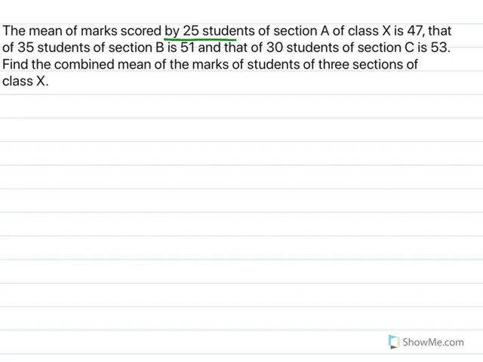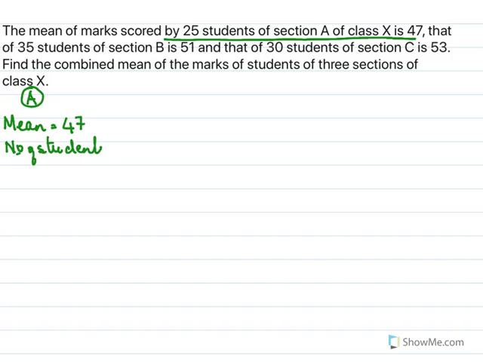The mean marks scored by 25 students of section A is 47. So let's take up section A. The mean of this class is 47. The number of students in this class is 25. So we need to find the sum. To find the sum, we do mean equal to sum over number of observations.